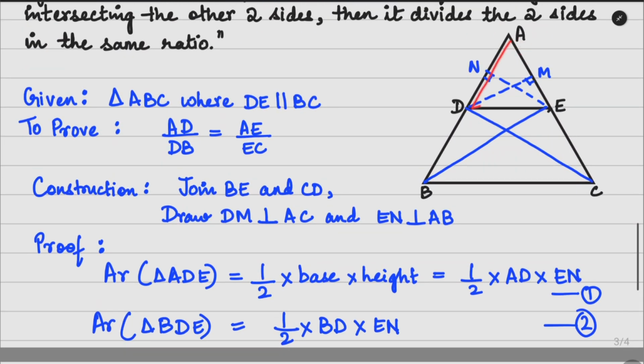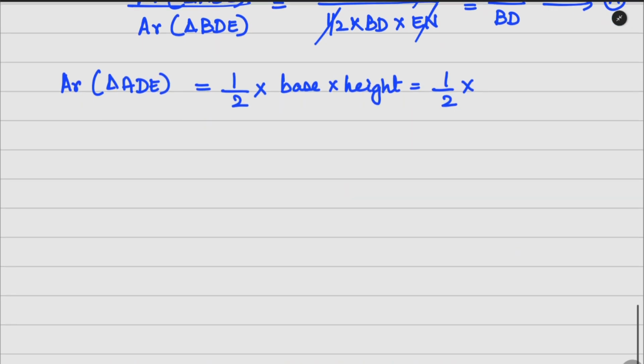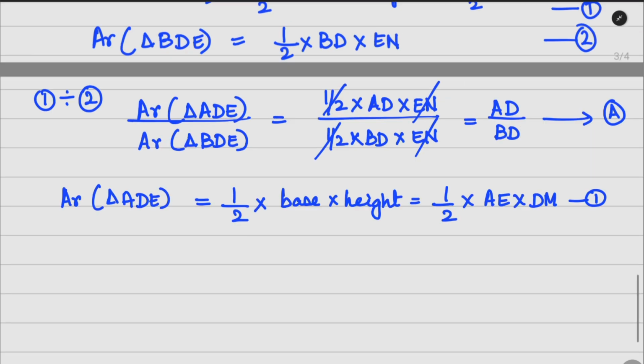Here on this side, the base is nothing but AE and the perpendicular is DM. So half into AE into DM. This is one.